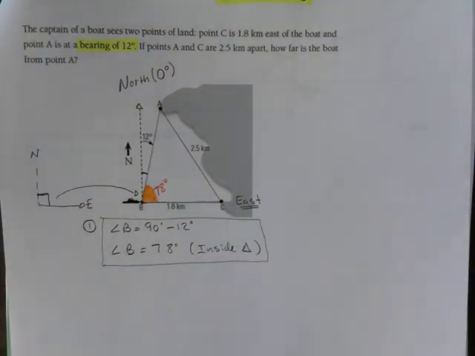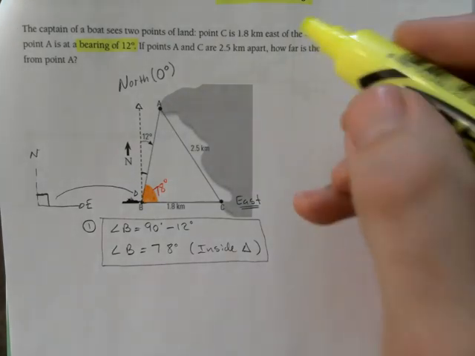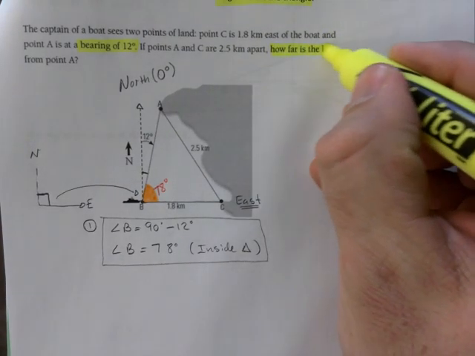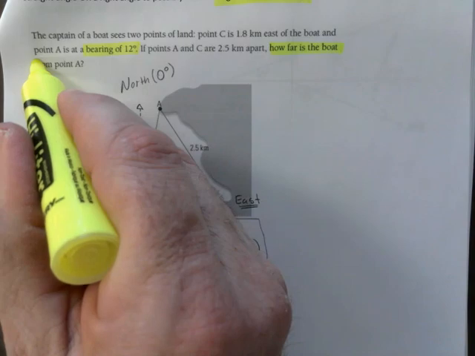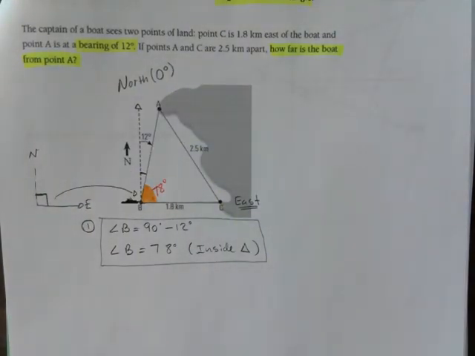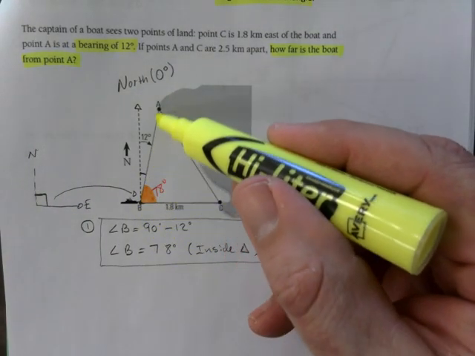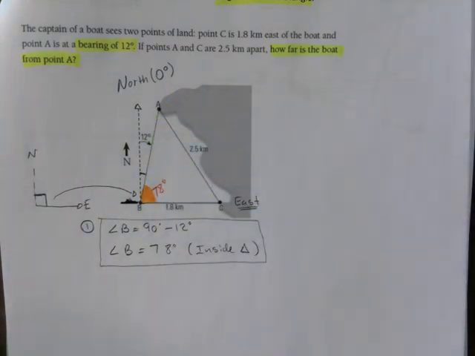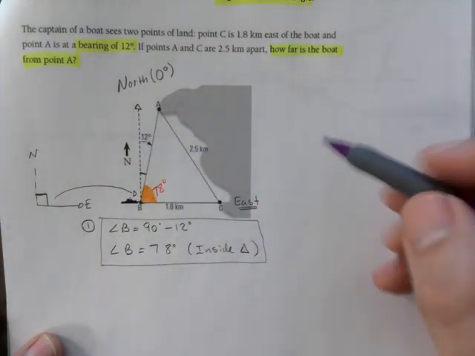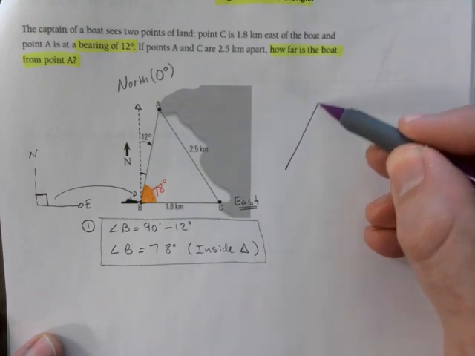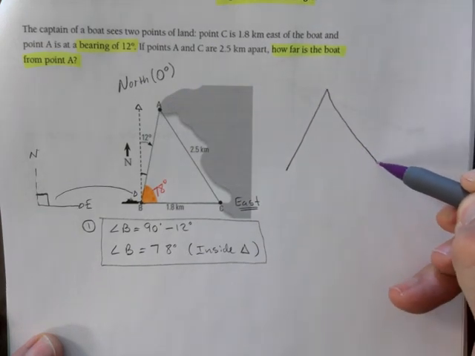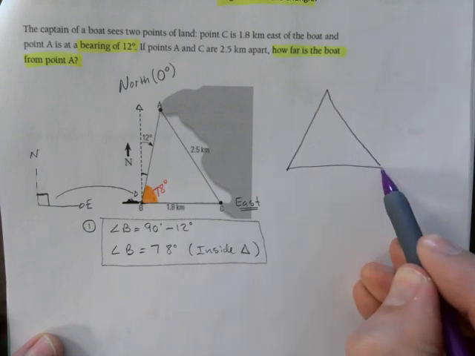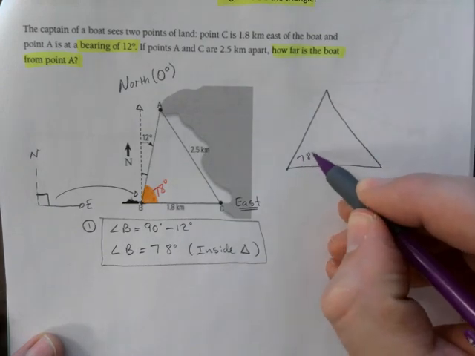What is it asking me for again? Right, how far is the boat from point A, right? They're essentially asking me for this side right here. Okay, so allow me to do this because it's too busy here. I don't like it too crowded. So we're just going to draw out our triangle. We have the 78 here.